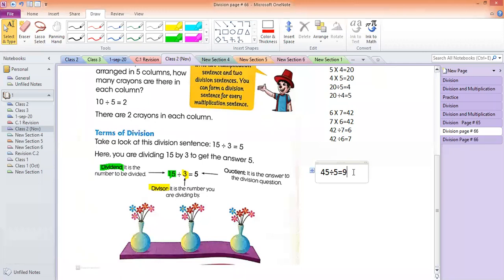There is no 3. 45 divided by 5 equals 9. Dividend means the number which you have to divide. Which number are you going to divide, 45, 5 or 9? 45. Yes, so 45 is the dividend. Okay?